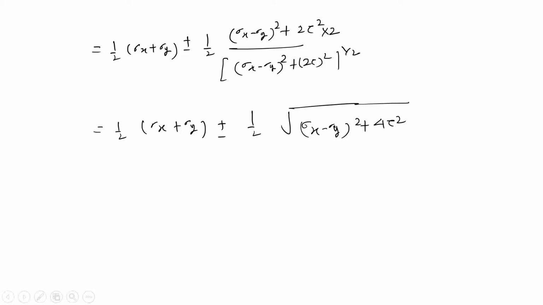If we take the plus sign, we get the value of sigma 1, and if we take the minus sign, we get the value of sigma 2. So this expression gives us two values of sigma, and these two values are associated with the two principal planes. These values of sigma are known as principal stresses.